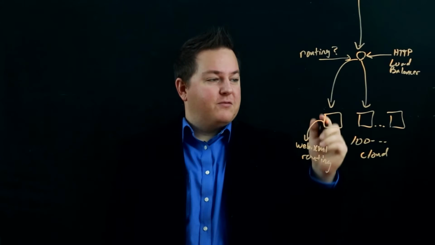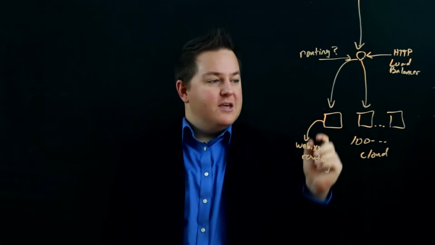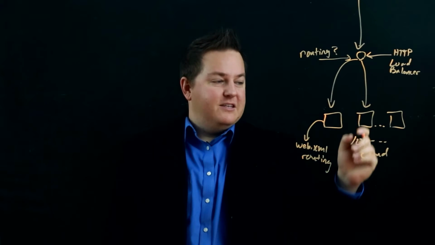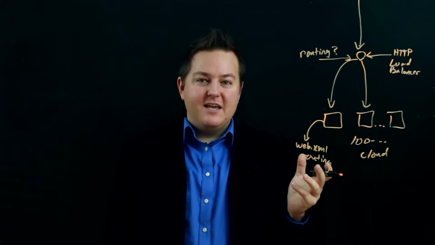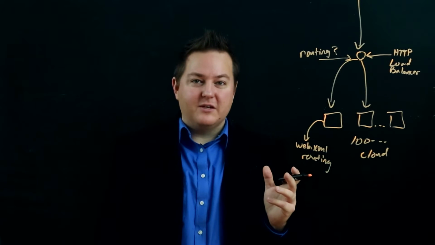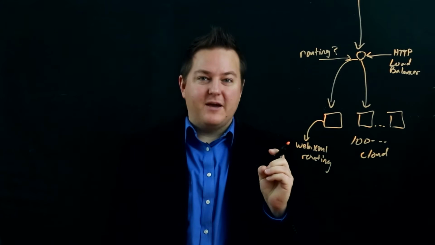In particular, for round-robin to work, we want each of the servlets running on these machines to be stateless and not to care about what client it's talking to at that particular point in time. So let's think about why this matters.